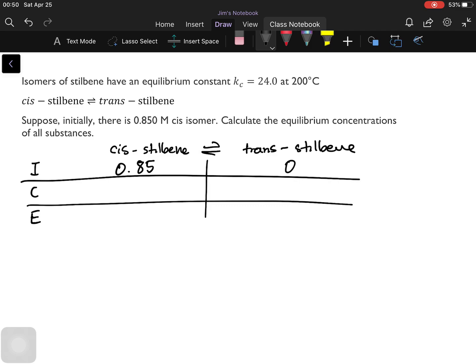After completing the initial concentration, we are going to apply the idea of the reaction quotient. The idea we presented earlier is that the reaction will proceed to the side without concentrations. Looking at this problem, we have 0.85 on the reactant side and 0 for the product side.